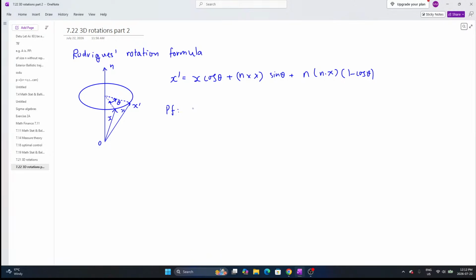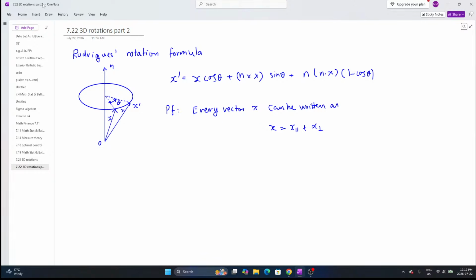So let's write it that way. So every vector x can be written this way, as x equals x parallel plus x perpendicular.